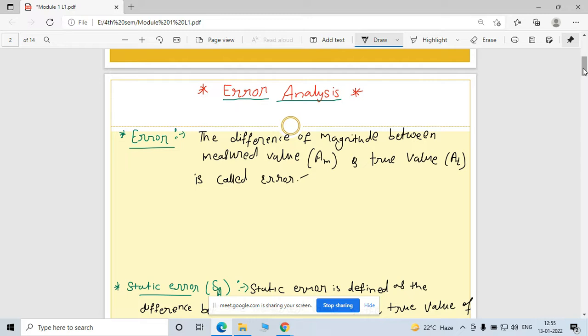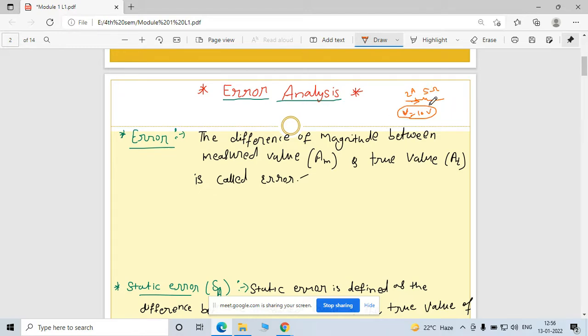If you know the basic value of current flowing, for example in a 5 ohm resistor with 2 ampere flowing through it, by Ohm's law the voltage drop is V equals IR, 2 into 5, that is 10 volt. 10 volt is the true value.